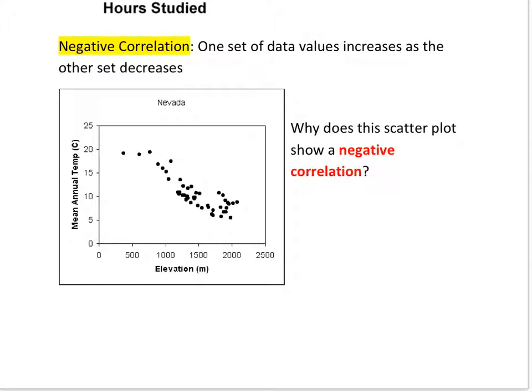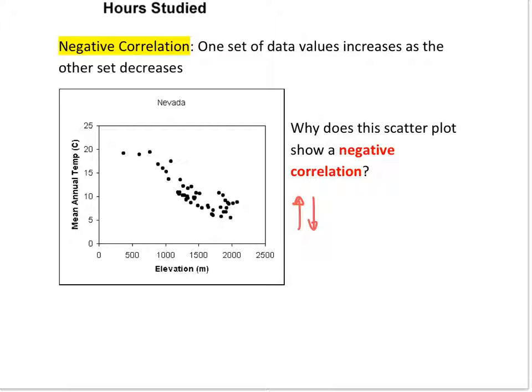Whereas negative correlation means that one set of values is going to increase and the other set of values is going to decrease. Note that this is now tilted in the opposite direction. As elevation increases, our mean annual temperature is decreasing.